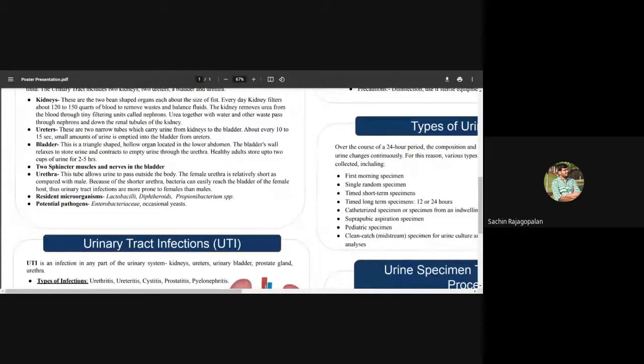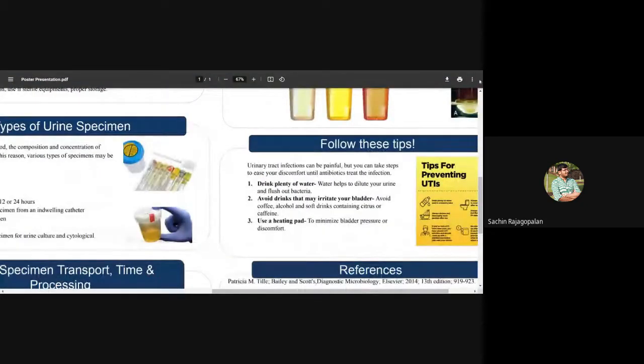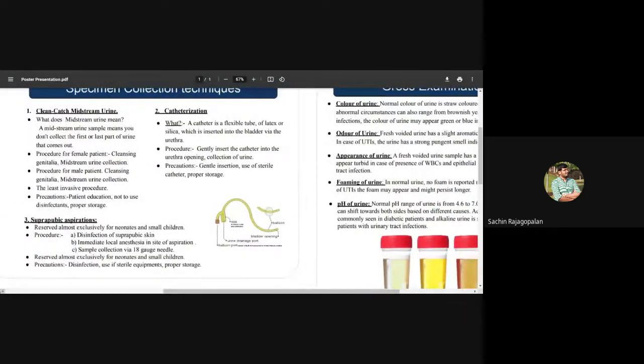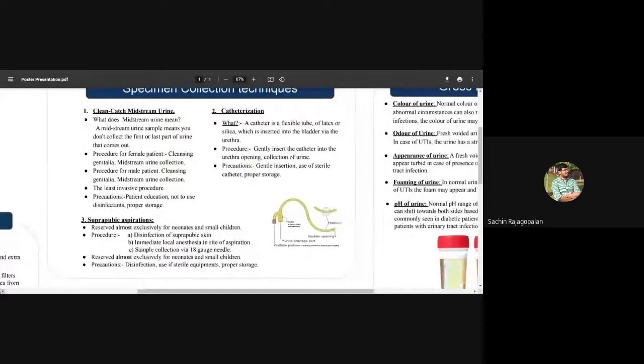Okay. Can you show me the section of sample collection, please? So, Siddesh, when would you go for suprapubic aspiration other than in neonates and small children?